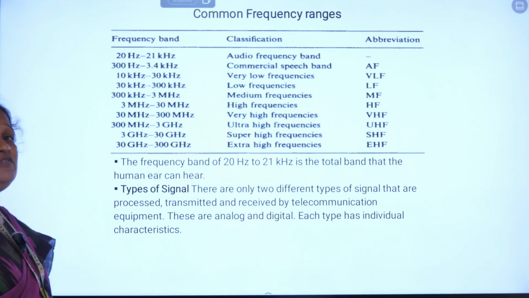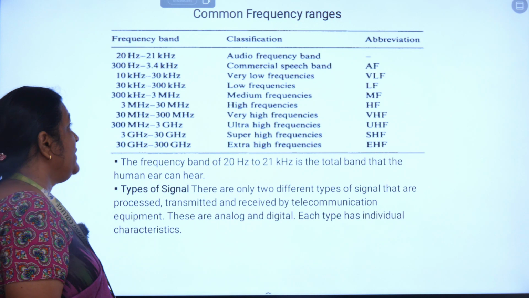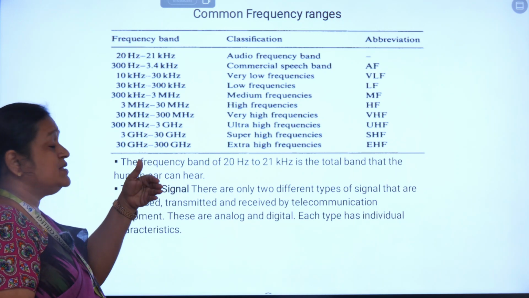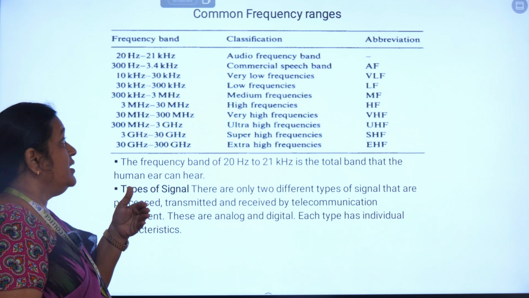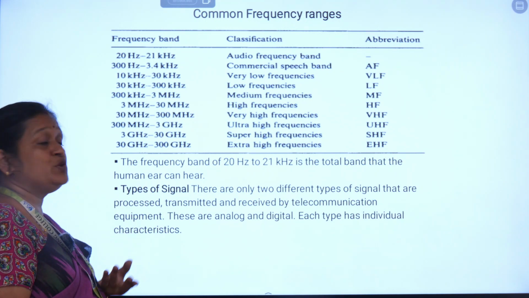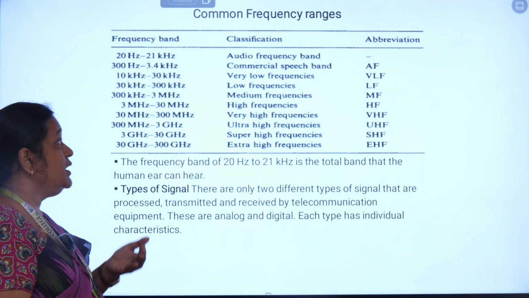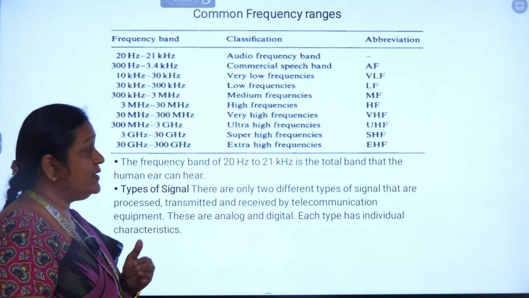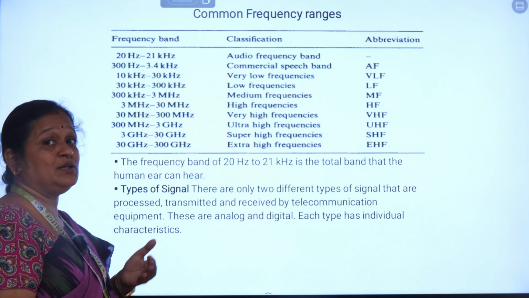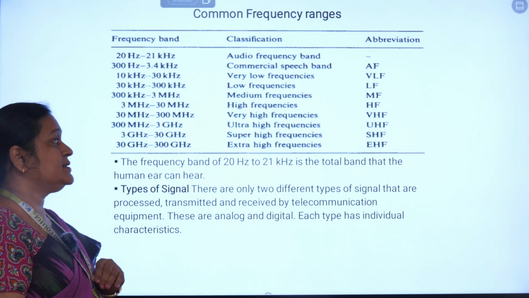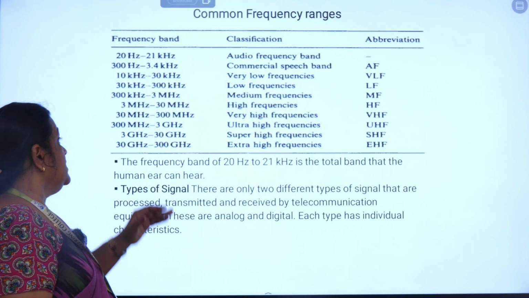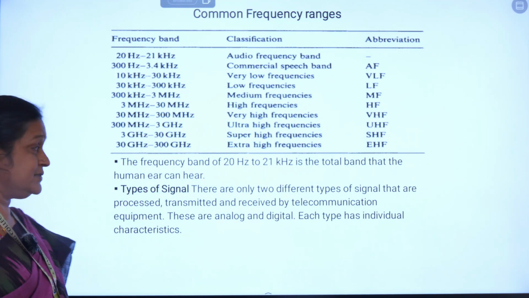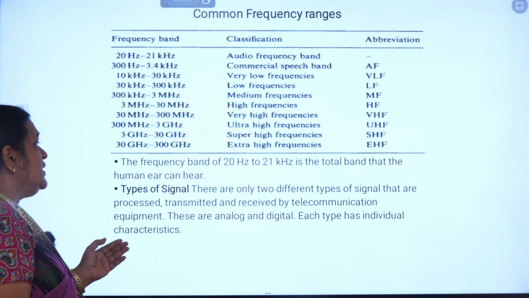So these are the common frequency ranges, based on the classification. What are the classifications? That is audio frequency range, speech band, very low frequencies, medium frequencies, high frequency, very high frequency, ultra high frequency, super high frequency, extra high frequency, like that. Based on these, frequency bands are allocated.